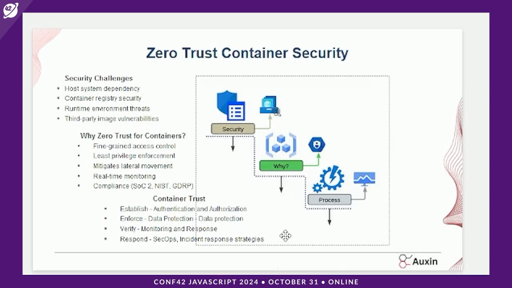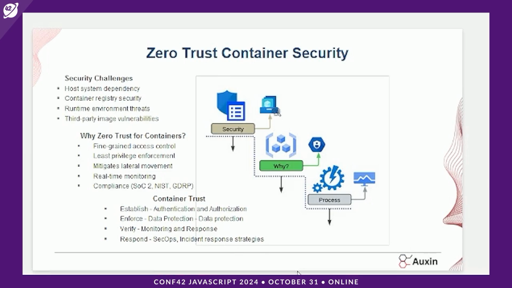Zero trust in container security means that we don't automatically trust any part of the system, whether inside or outside the network. Everything must be continuously verified to ensure security. Containers face several challenges, such as the underlying host system, which means if the system is compromised, the containers are at risk.